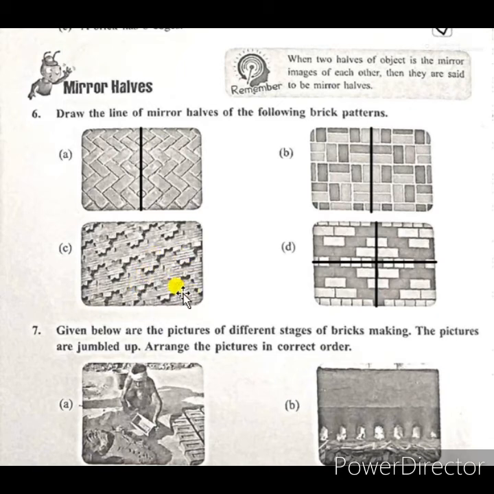If we draw a vertical line, see that, are both the parts looking similar? No. On one side the design is on the lower part and on the right side it is on the top part. So if you draw this line, it is not a mirror half.